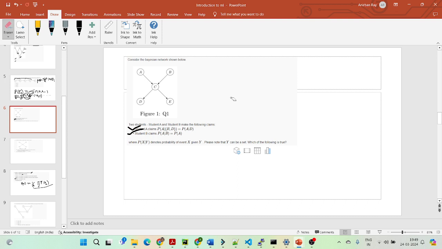Same figure he is also showing. That was our problem solving session, the first problem yesterday. Acha. Then if D is known, the reason he has given is that since there is an undirected path from A to B via C, that's why it is false.